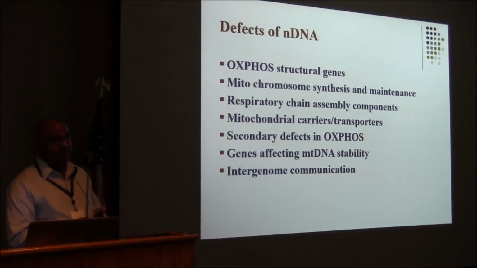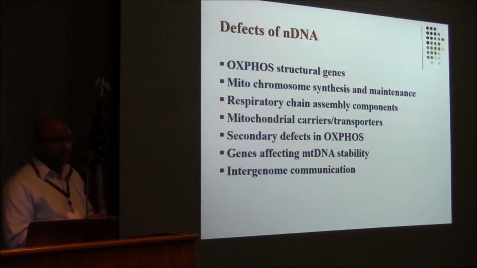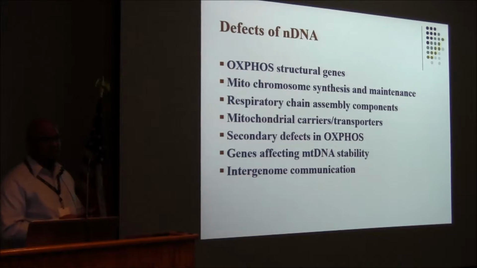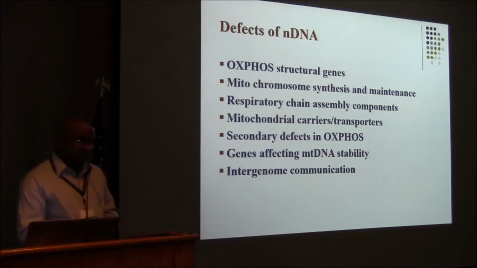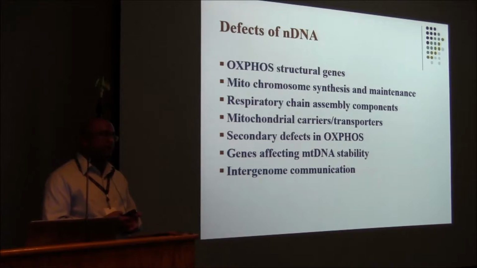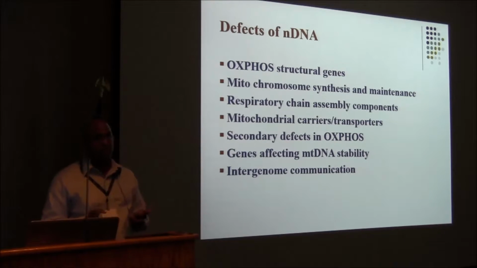You can have defects in mitochondrial DNA synthesis or maintenance of mitochondrial DNA, or nucleotide synthesis. And there can also be defects because of mutations in genes that take part in the stability of the mitochondria and also the communication between the two genomes.